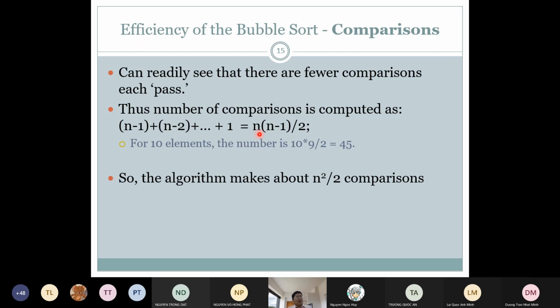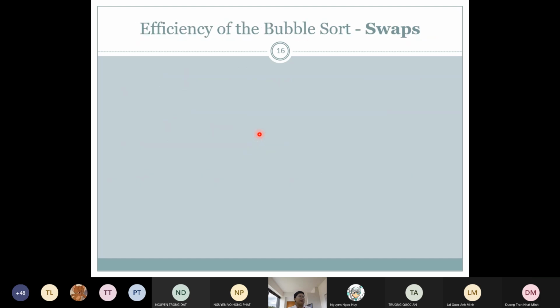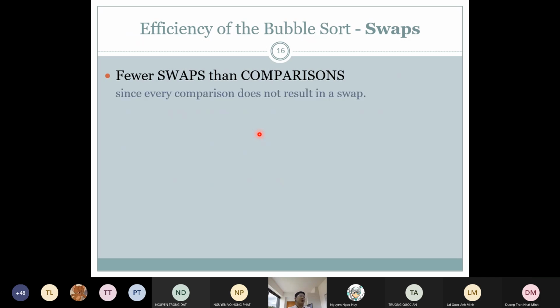So we have n squared divided by 2 as the number of comparisons, to be precise, and we have swaps. Of course, we have fewer swaps than comparisons because some comparisons do not result in a swap.